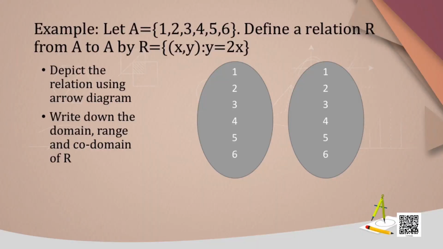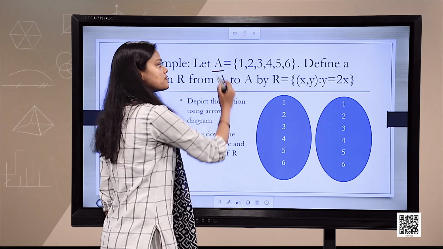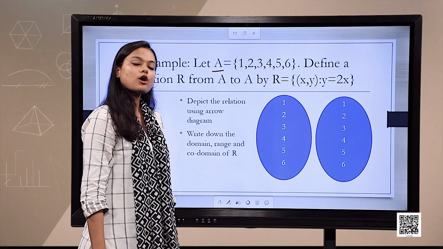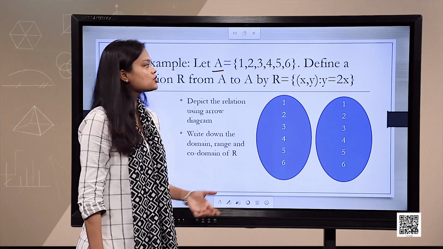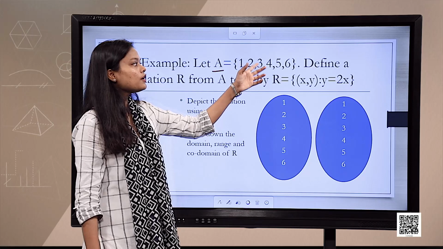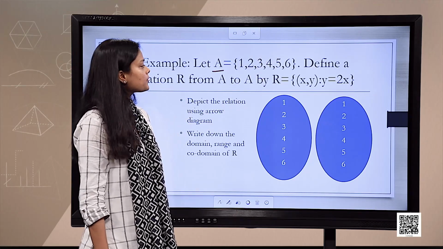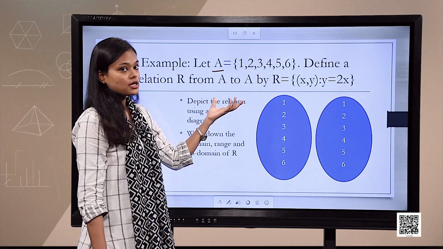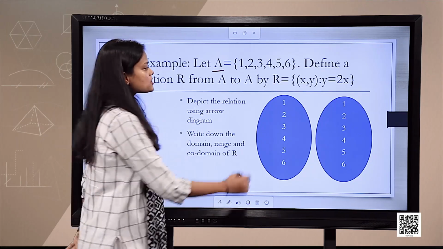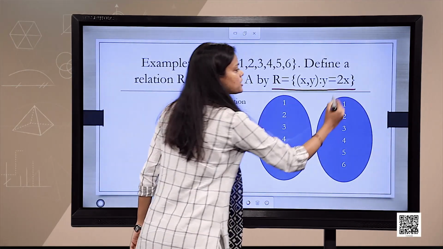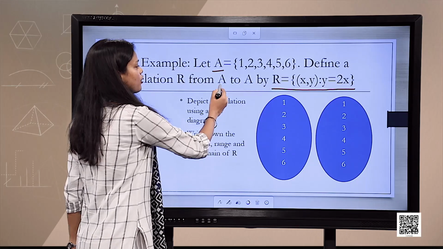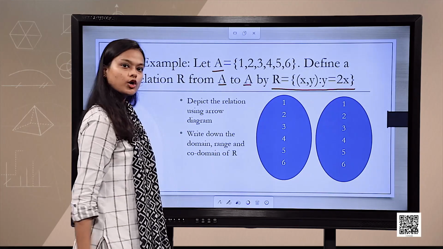and see this example. In this example, a set A is given to you, in which how many elements are there? 6 elements, 1, 2, 3, 4, 5 and 6. We have to depict the relation which is given in a set builder form from A to A. Okay?